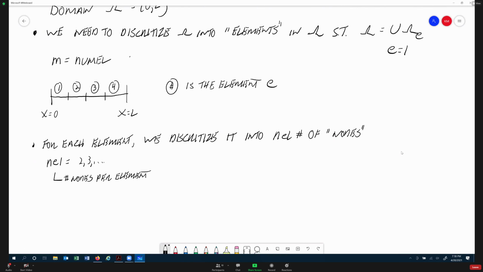So for example, NEL equals 2. We have one element, E, and it has 2 nodes, a node at each end.